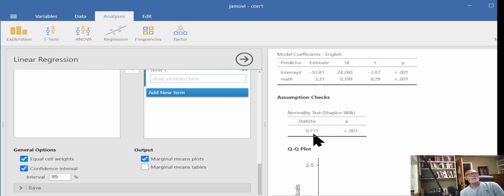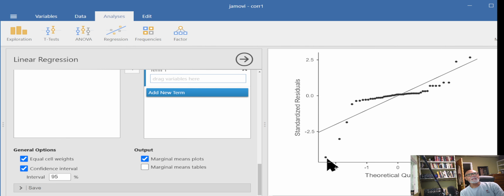Our distribution of scores will not meet the assumption because this is significantly different than our normal distribution. And we can see where we deviate from a normal, or approximately normal, set of standardized residuals. That's the difference between our predicted and observed values.